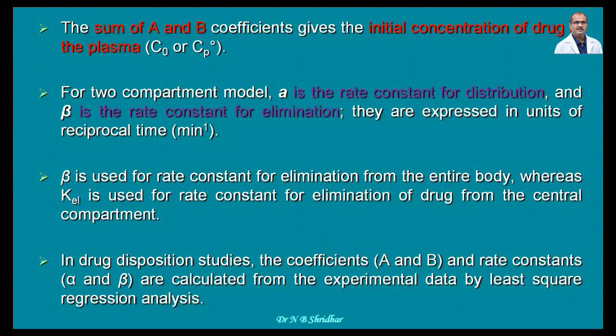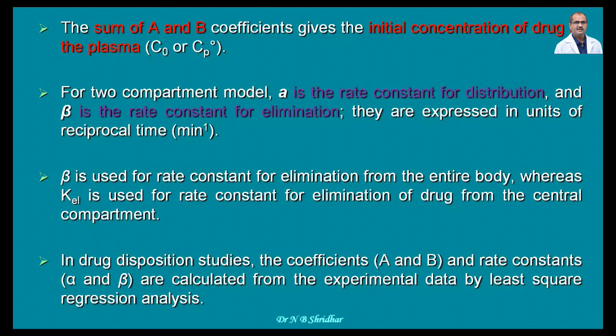It is unavoidable that you remember these things, because the two compartment open model is one of the important models you need to understand. In drug disposition studies, the coefficients A and B and the rate constants alpha and beta are calculated from the experimental data by least square regression analysis.